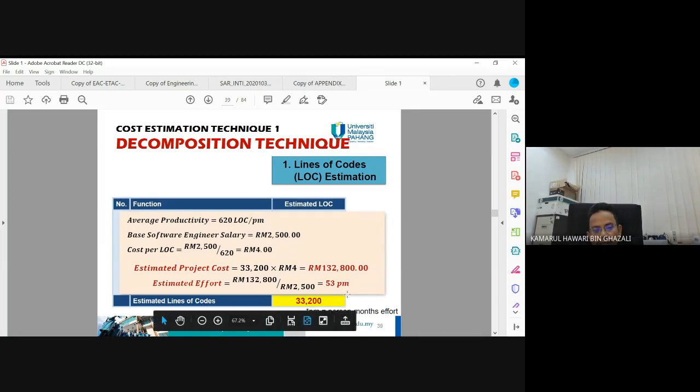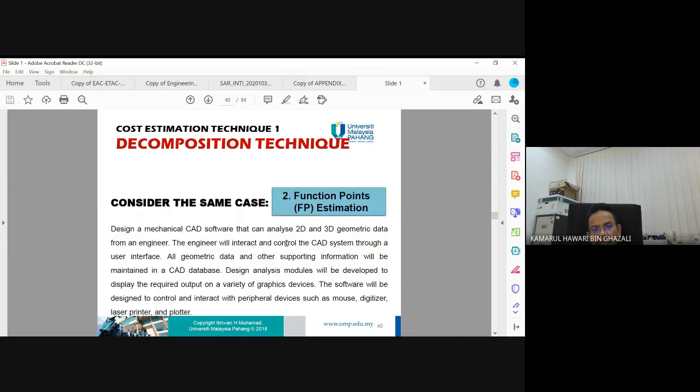So you have 53 ringgit per minute. So this is the detail of the cost up to the minute payment. So this is the example of a calculation using lines of code.